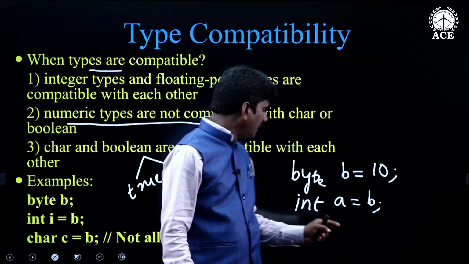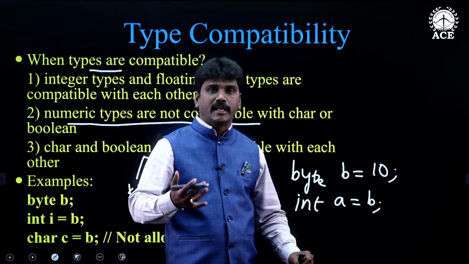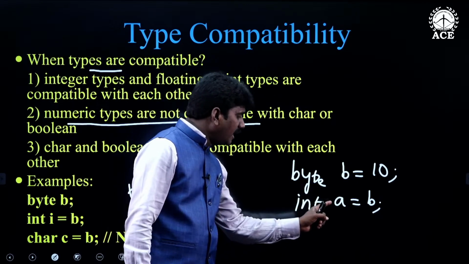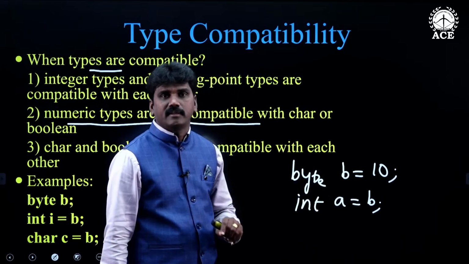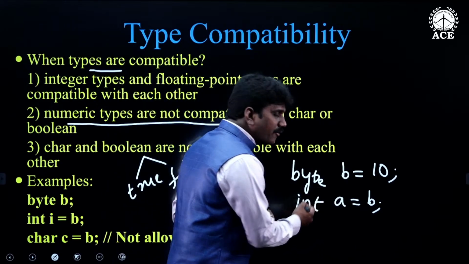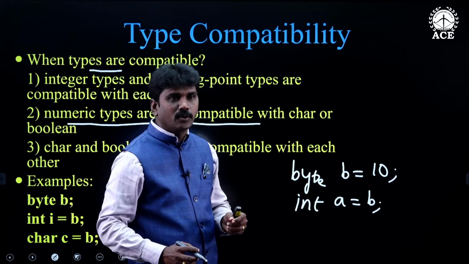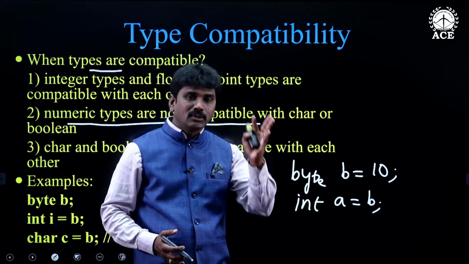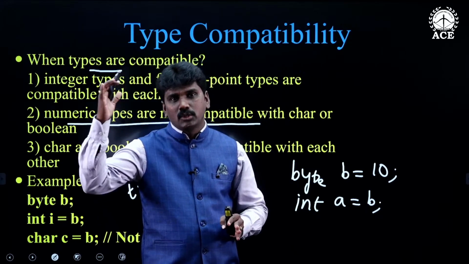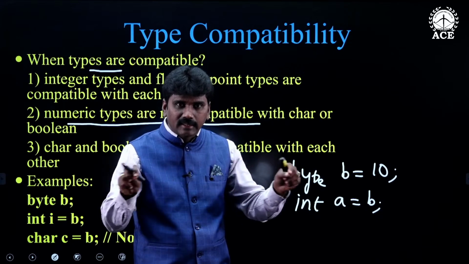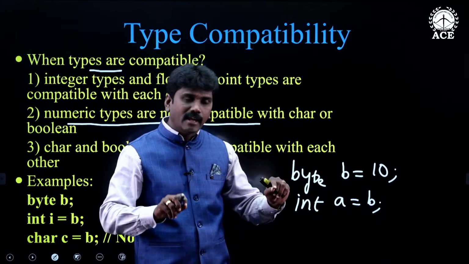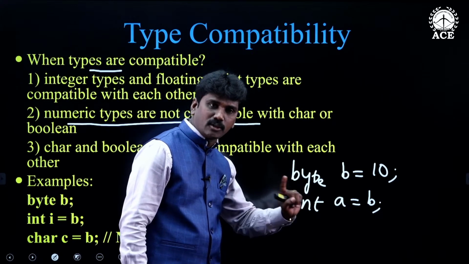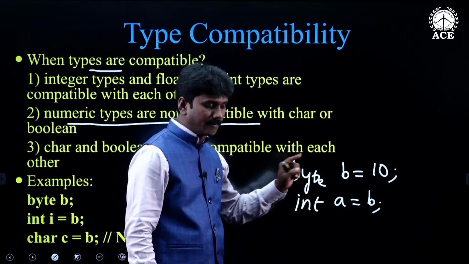The name is user choice, you can take any name. int a is equal to b, whether a can hold the value 10 or not. Yes, because byte is of 1 byte and it comes under the integer group, and the integer is also having the range from minus 2 to the power of 31 to plus 2 to the power of 31 minus 1. In that range it can hold any value. That's why even byte values can be stored in the integer. There is no problem. Compatibility is there.